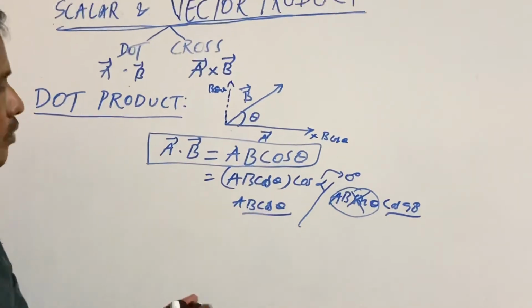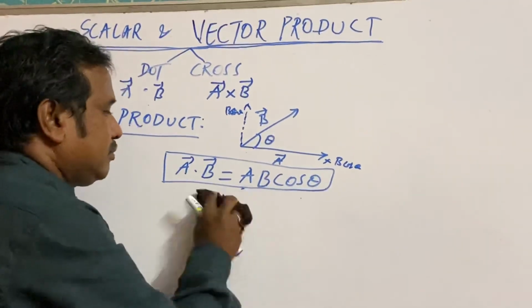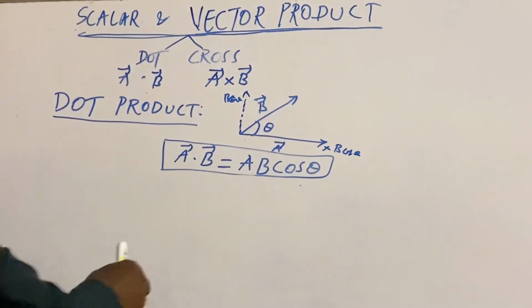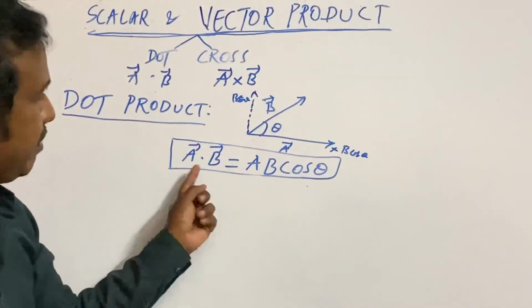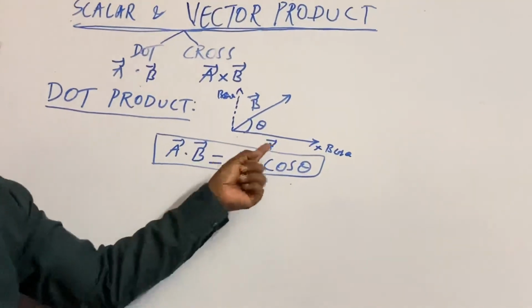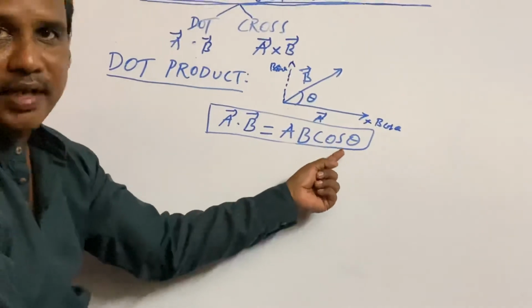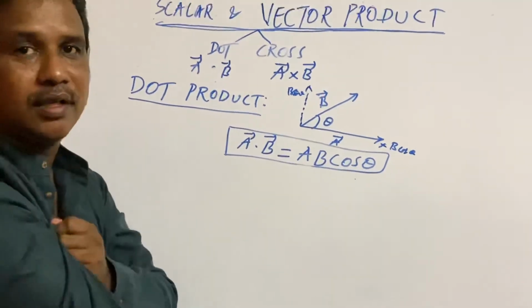Very important thing: A dot B equal to AB cos theta. A is the magnitude of the vector A, B is the magnitude of the vector B, and theta is the angle between the two vectors.